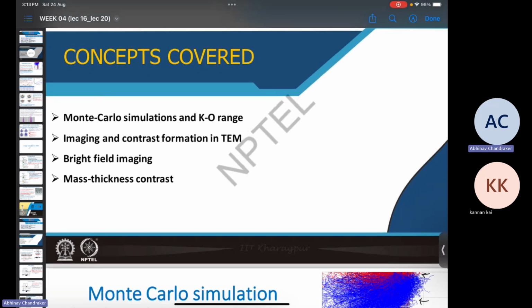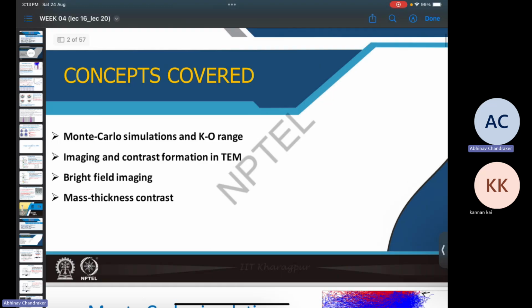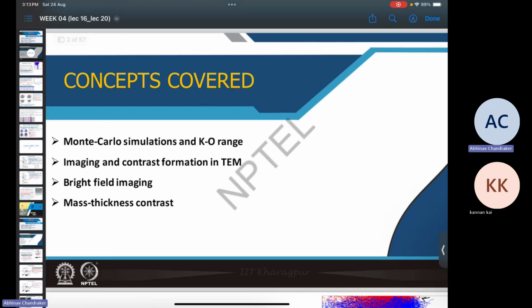Then after that, Sir had started TEM, where we understood the different components of TEM and their basic functionalities. And then we understood how image formation happens and how we are able to generate contrast in the TEM images. Then we looked at the two different modes of imaging, bright and dark field.